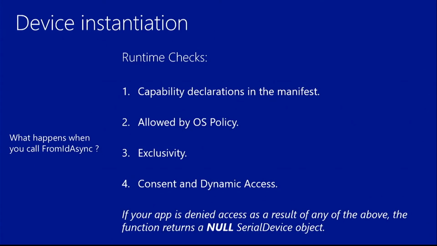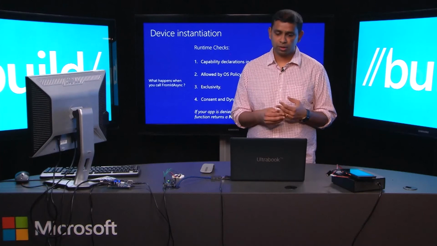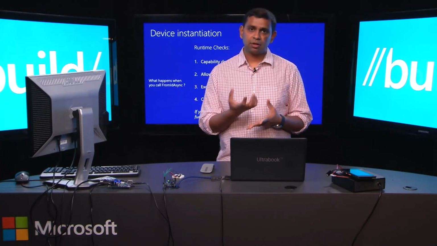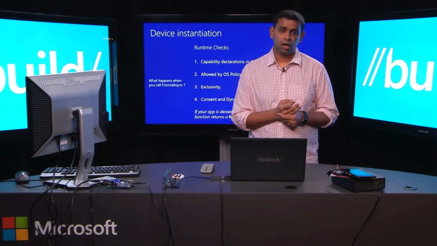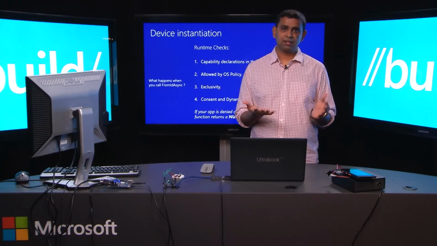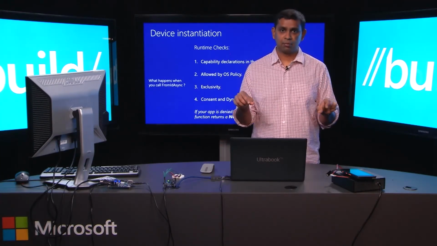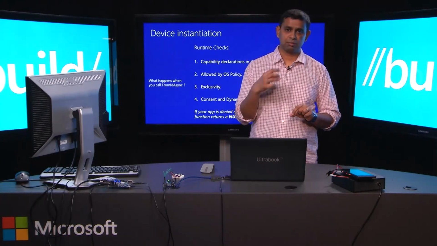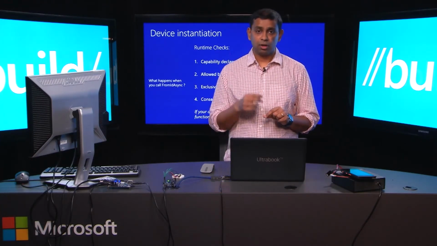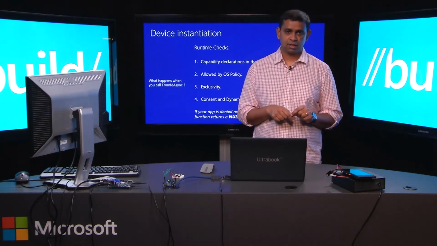And finally, there is this notion of consent or dynamic access. A quick word on consent, because this has evolved from Windows 8.1 to Windows 10. We've streamlined the requirement for consent in Windows 10. Specifically, there is no longer a runtime pop-up presented to the user before actually granting access to the device.